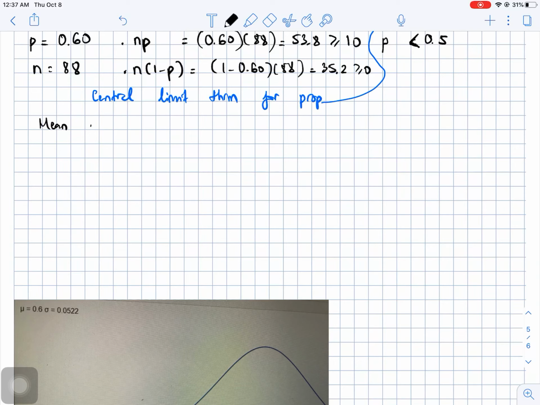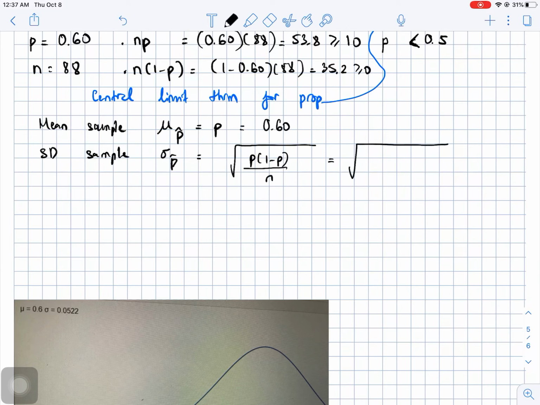Again, why is it proportion? Because in the question there's a word half. In the central limit theorem for proportion, the mean for the sample is mu p hat and is equal to p. And the standard deviation for the sample, the sigma of p hat, is the formula square root of p times 1 minus p divided by n.